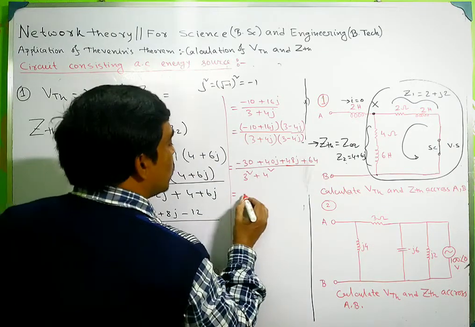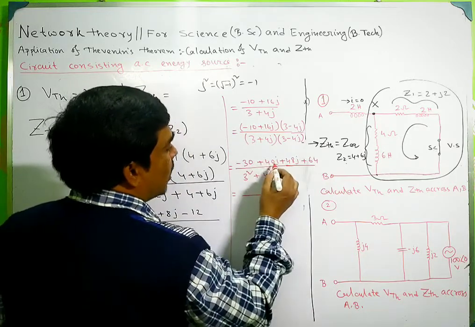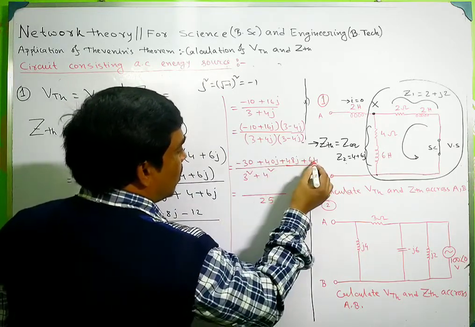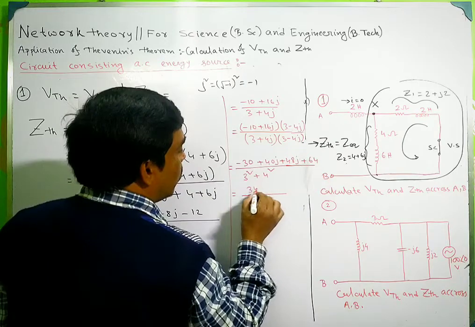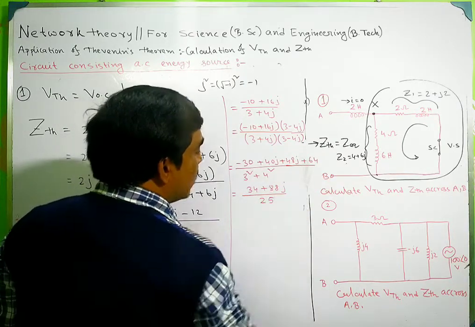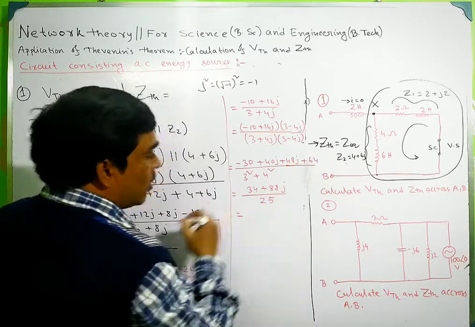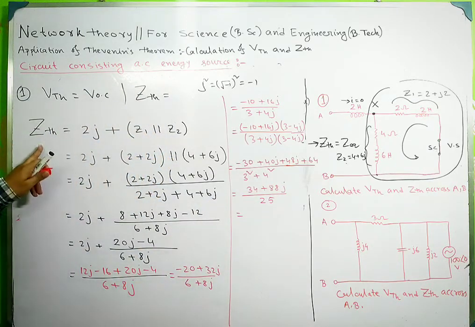So from this equation you can write that the denominator will be 25 and the numerator will be 34 plus 88J. So if you calculate, this is the rectangular form of ZTH.